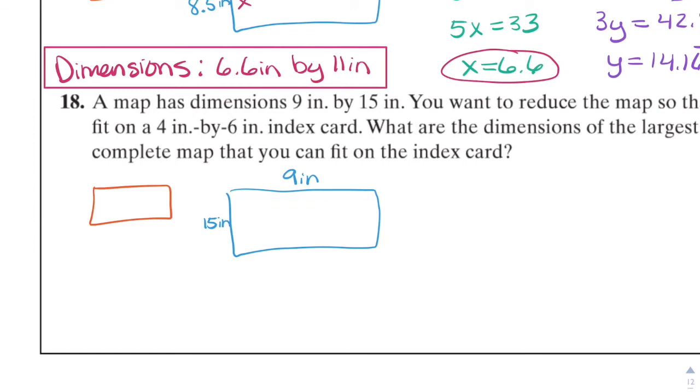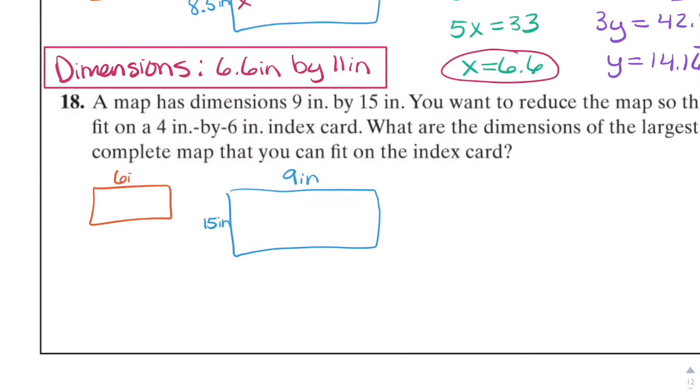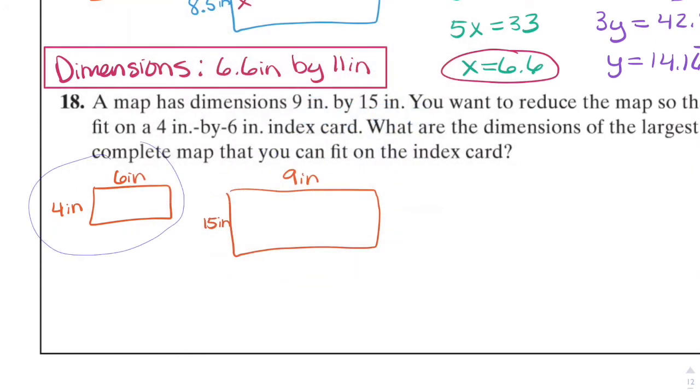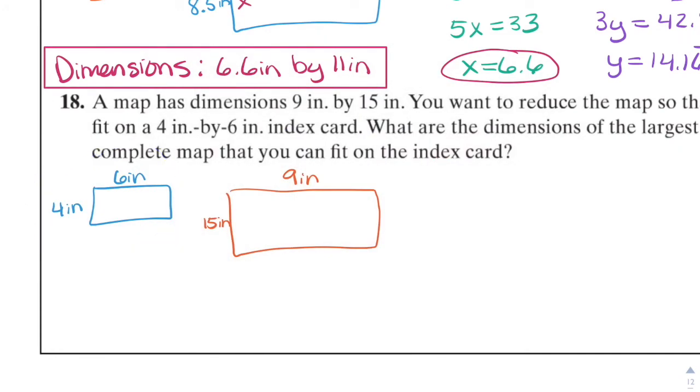And then this one is 6 inches by 4 inches. I'm going to call this one X, and let me change the colors so that now we're going from the orange to the blue. So see the difference, we're going backwards now.